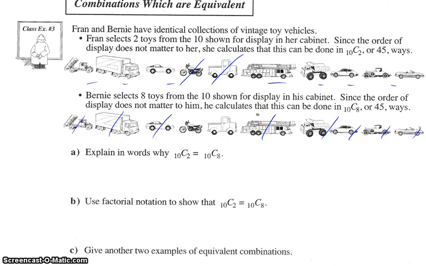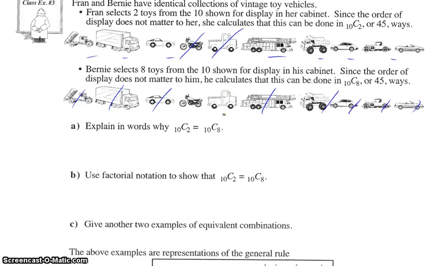So whatever 2 choices I choose, there's 8 left behind, so that would be the same as if we chose 8 and left 2 behind. Number of combinations would be the same.